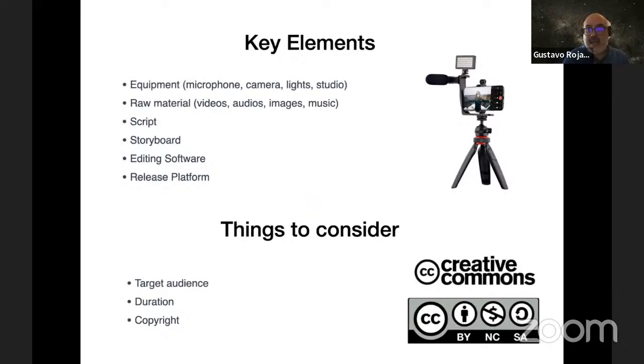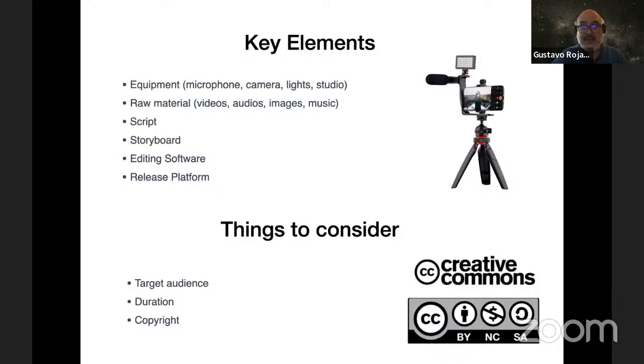So what are the key elements to prepare this content? We have some ingredients that are required. Of course, you need some kind of device that will record the voice and images. I mentioned the smartphone, and the smartphone has everything built in one.